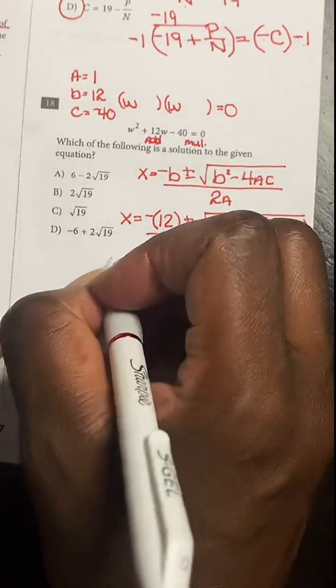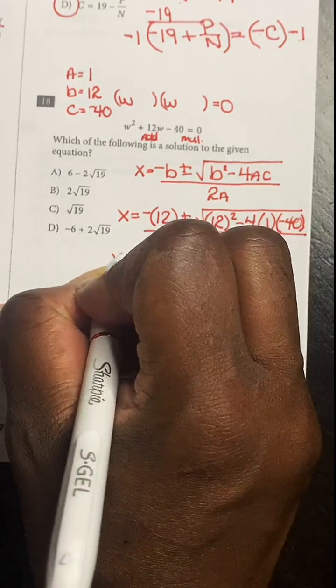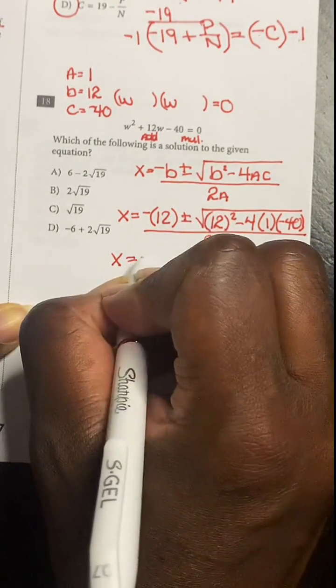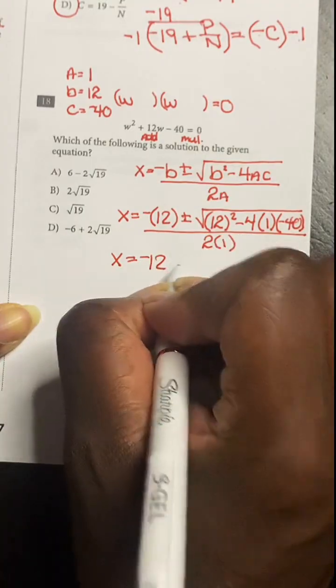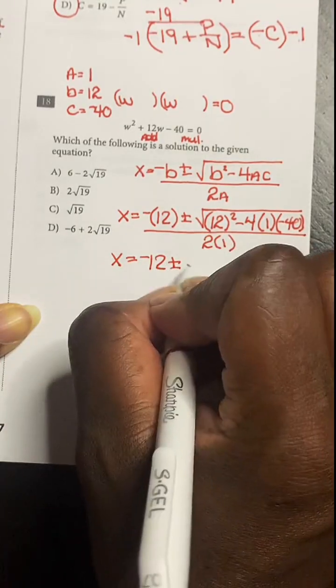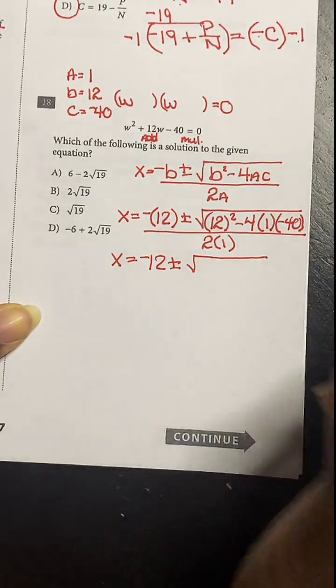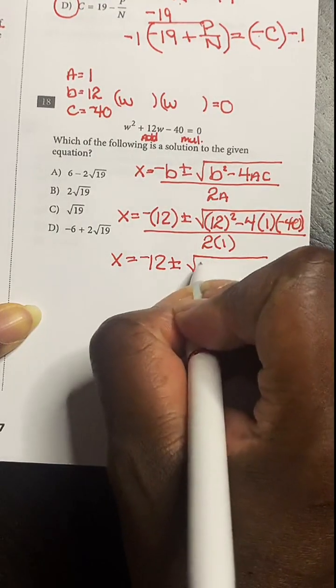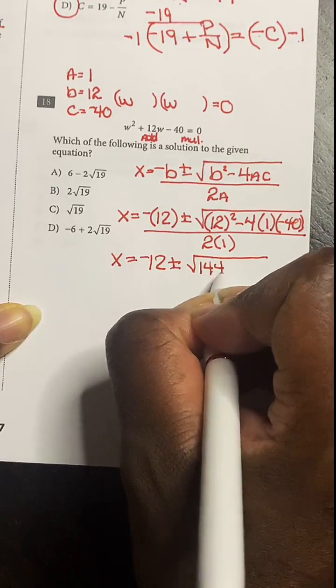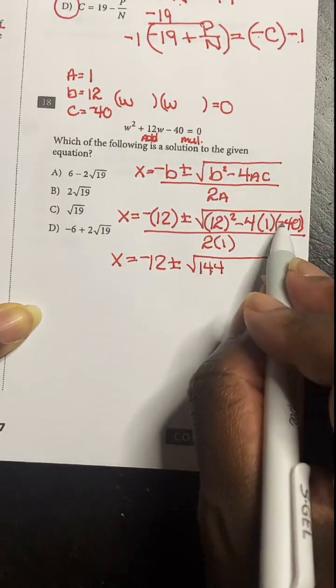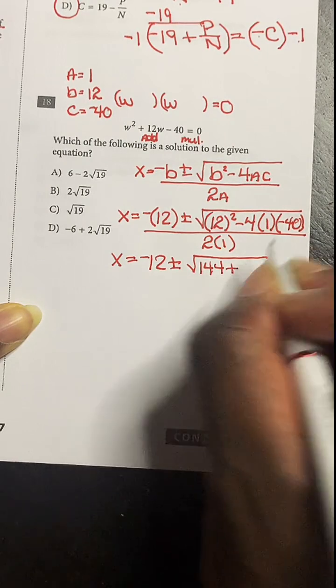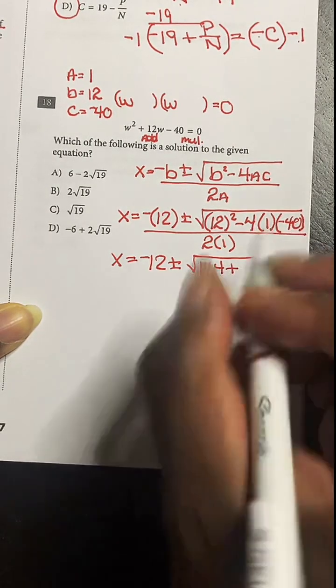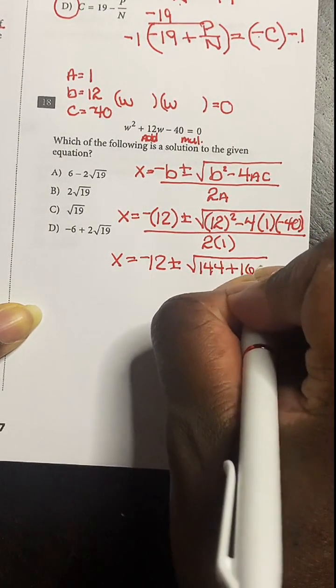So, knowing your info, because it'll get us right to it. So we got our negative 12 plus or minus, you got your 12 squared. 12 squared is 12 times 12, which gives me 144. A negative times a negative gives me a positive. And 4 times 40 gives me 160.